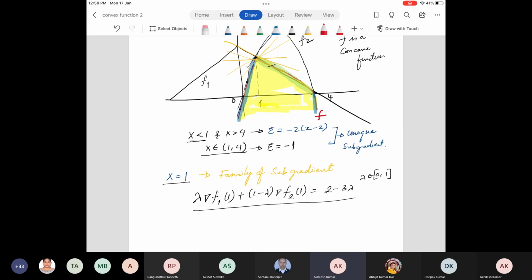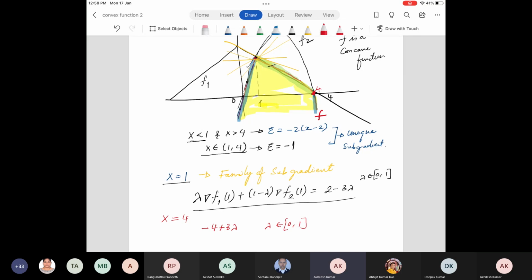Similarly, we have such an interaction at 4 also, right? The curve is changing from f1 to f2. So for x equals 4, you will again get, in terms of lambda, the subgradient at this point as -4 plus 3 lambda, where lambda belongs to [0, 1].